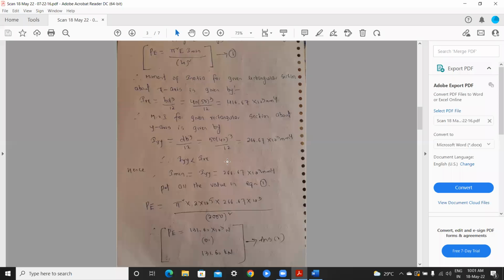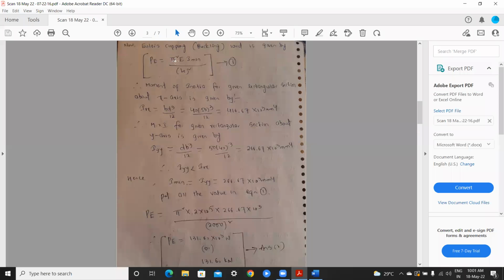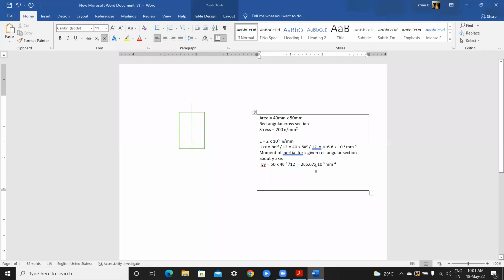266.67. So already in the formula, pi square, what is the pi value? 3.14. Okay, so P equal to pi square E I minimum by L effective, which means effective length. The E value given in the problem is 2 into 10 to the power 5. I minimum we got as the least value, 266.67 into 10 cube.